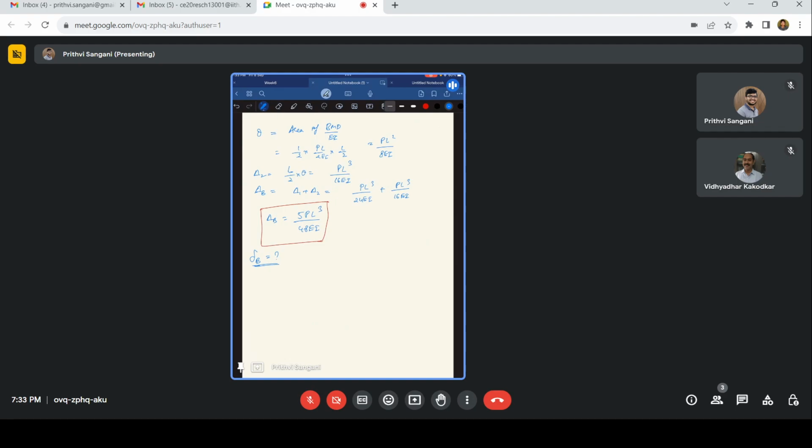When it comes to indeterminate structures, we make use of the unit load methods or the energy methods to find out the support reactions by the compatibility conditions. Once we are able to find out the support reactions, it is again determinate.